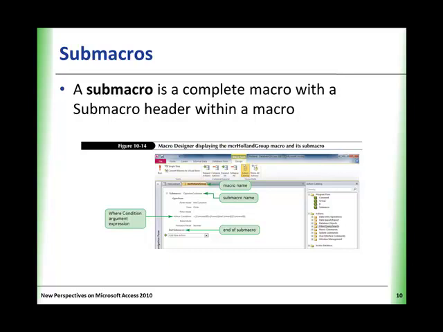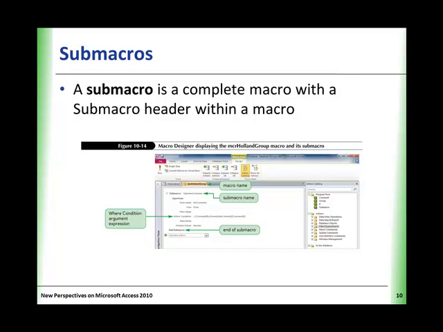Submacros. Submacros used to be called macro groups, and really what it is, it's a series of macros that are all grouped together so that you don't have 10 macros on your navigation pane that all work with the same form, and you're trying to figure out which one you want and taking up a lot of space.